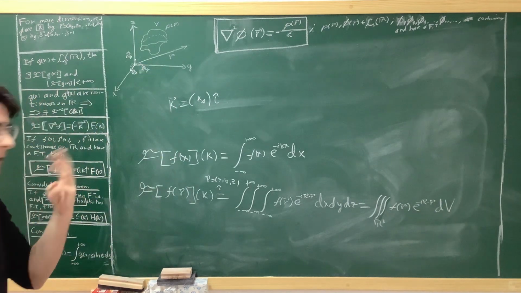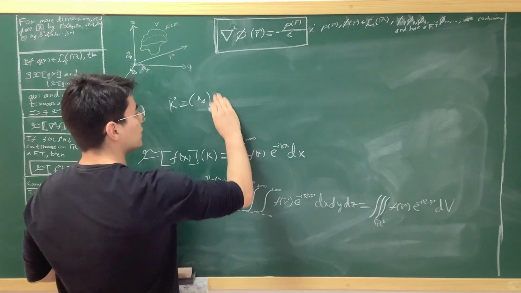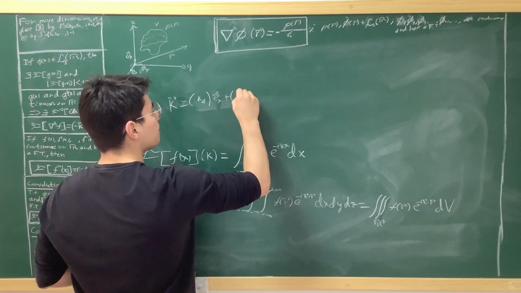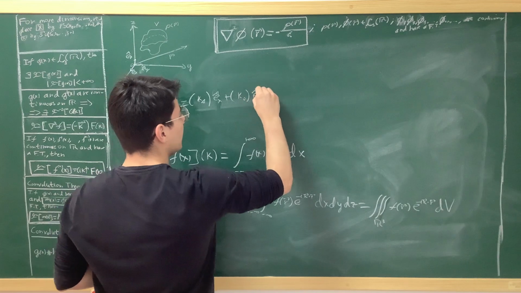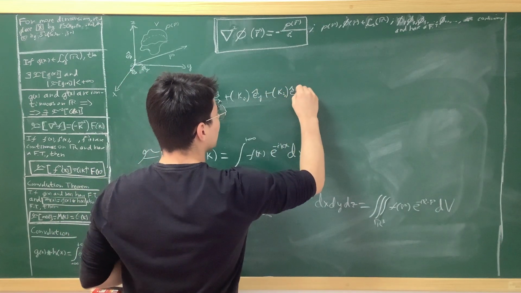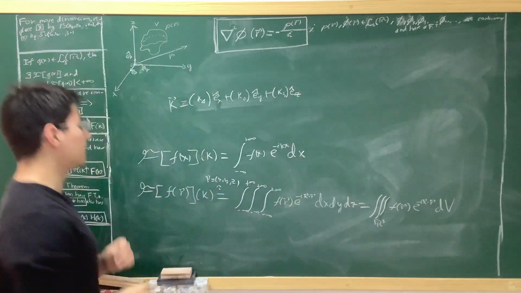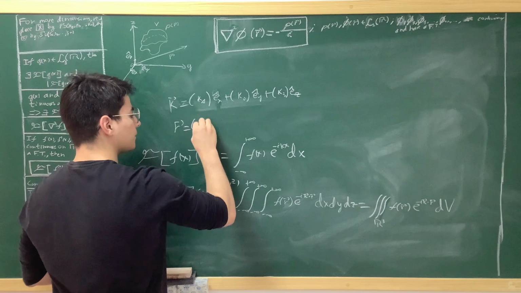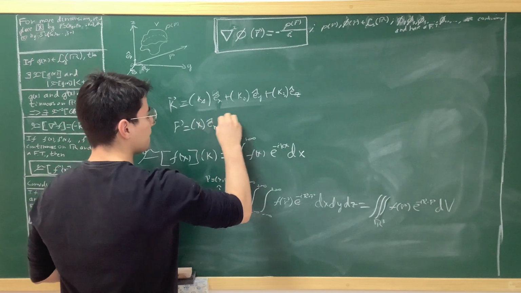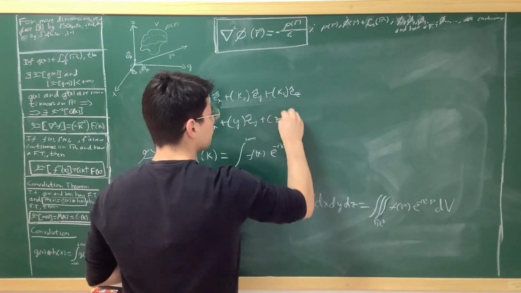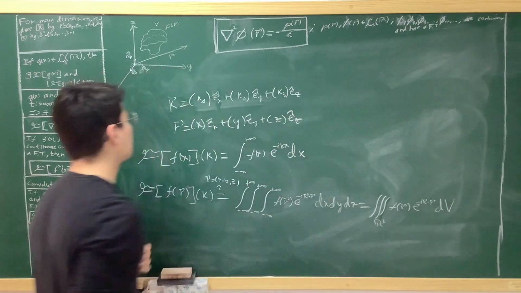These are the three unit coordinate vectors. And likewise, r is x in the x direction, y in the y direction and z in the z direction.